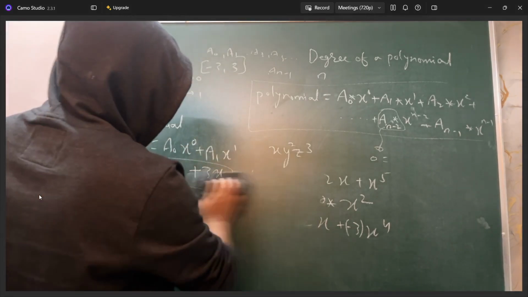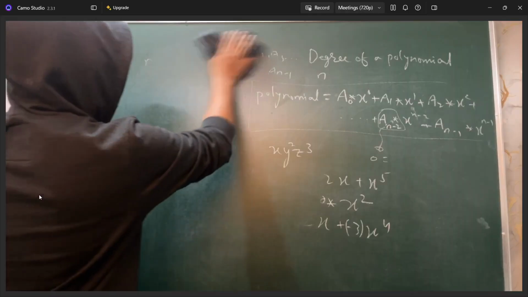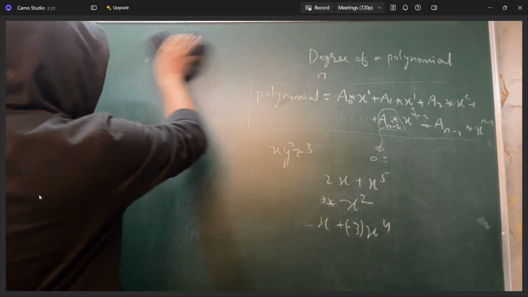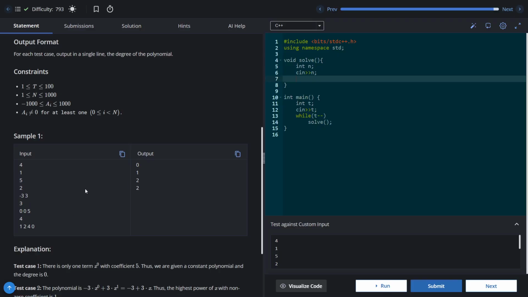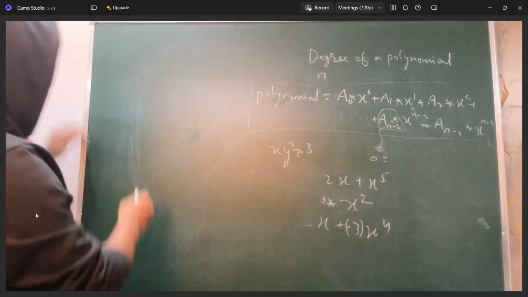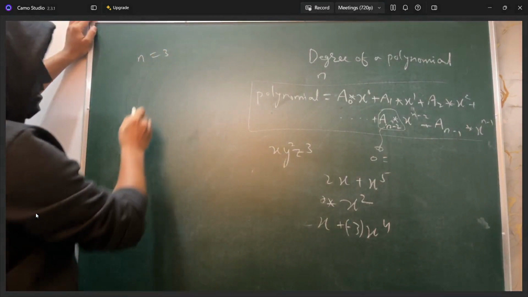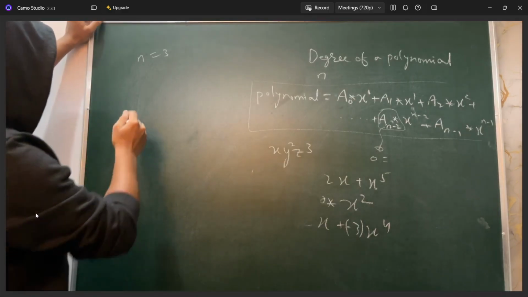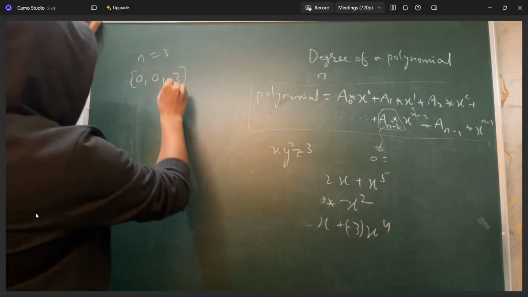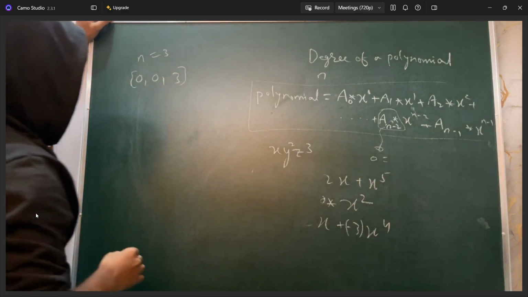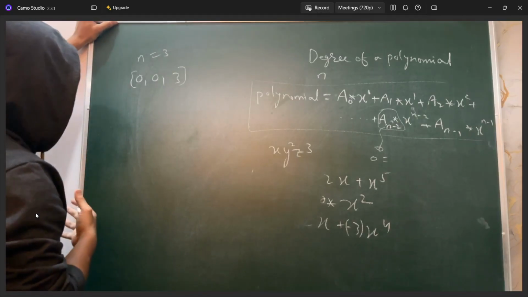So let's try to take another example. For this case, our answer was 1. That's true. For this case, let's find the answer. We have three terms, and these are the coefficients of the polynomial.